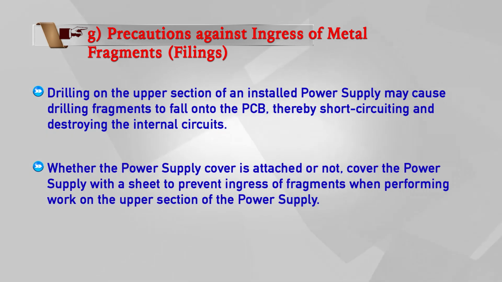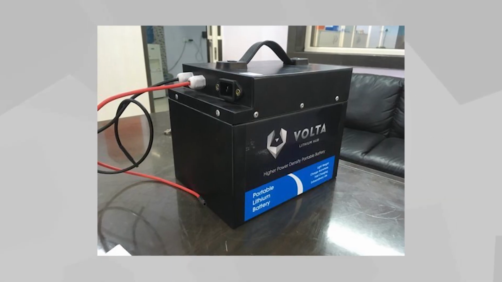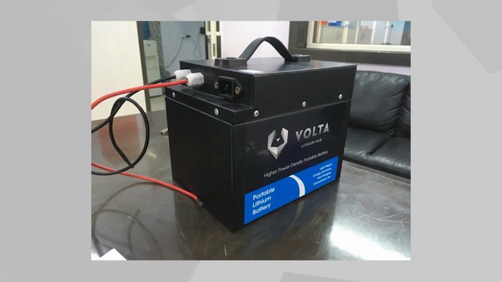Whether the power supply cover is attached or not, cover the power supply with a sheet to prevent ingress of fragments when performing work on the upper section of the power supply. Be sure to remove the sheet covering the power supply for machining before power on so that it does not interfere with heat dissipation.